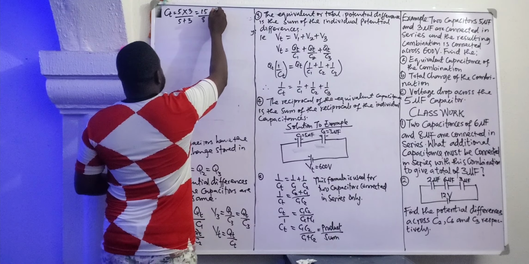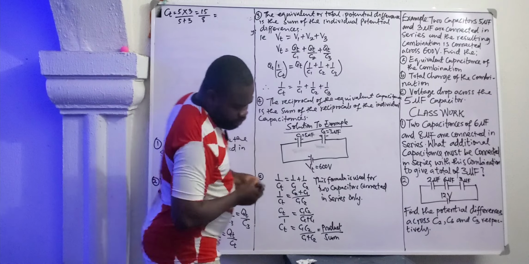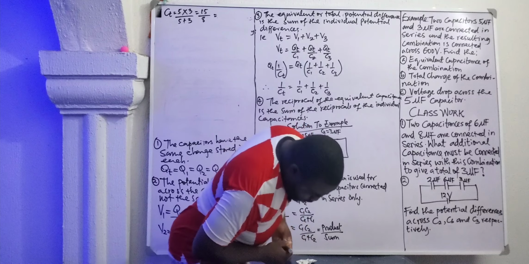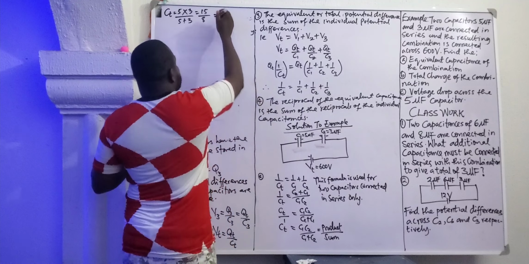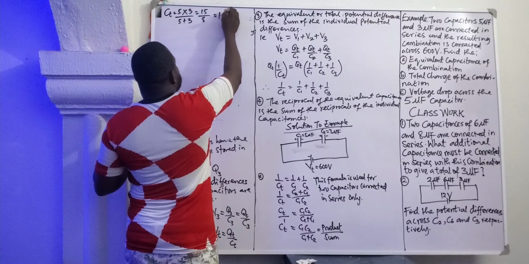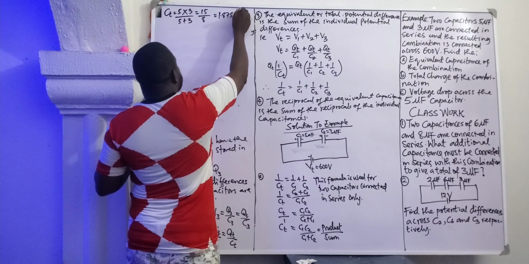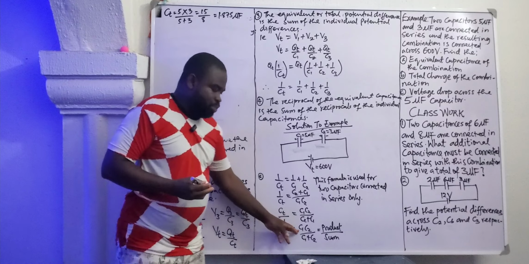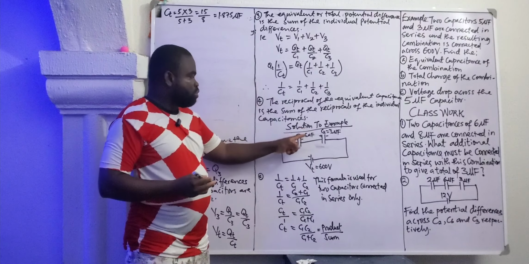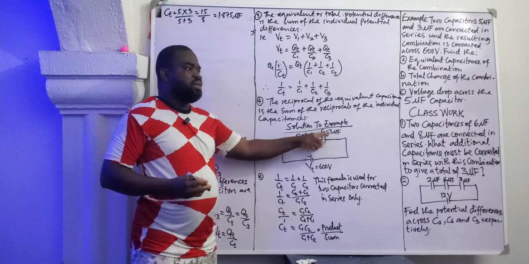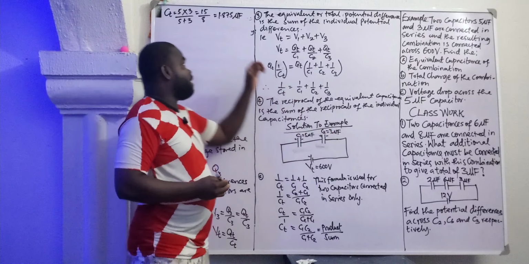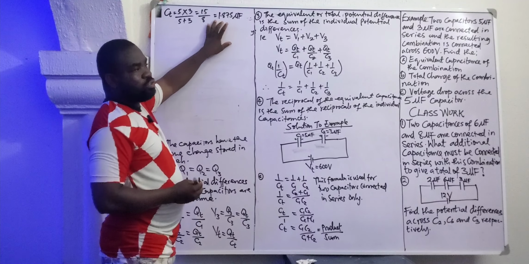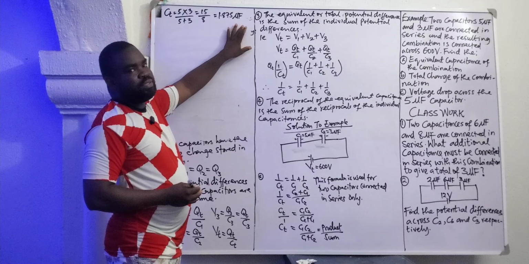And when you divide it, I will have 1.875 microfarad. Observe what I did here. In this product over sum, I used 5 and 3, which are in microfarad. That is why the final outcome is still in microfarad.